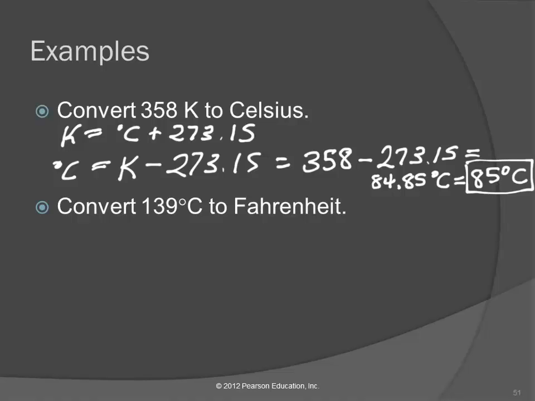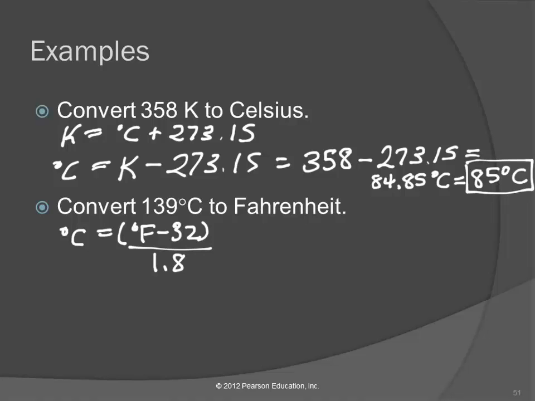So the second question is convert 139 degrees Celsius to Fahrenheit. So again, converting temperatures is an equation. The equation relating these two is that degrees Celsius equals degrees Fahrenheit minus 32 divided by 1.8.